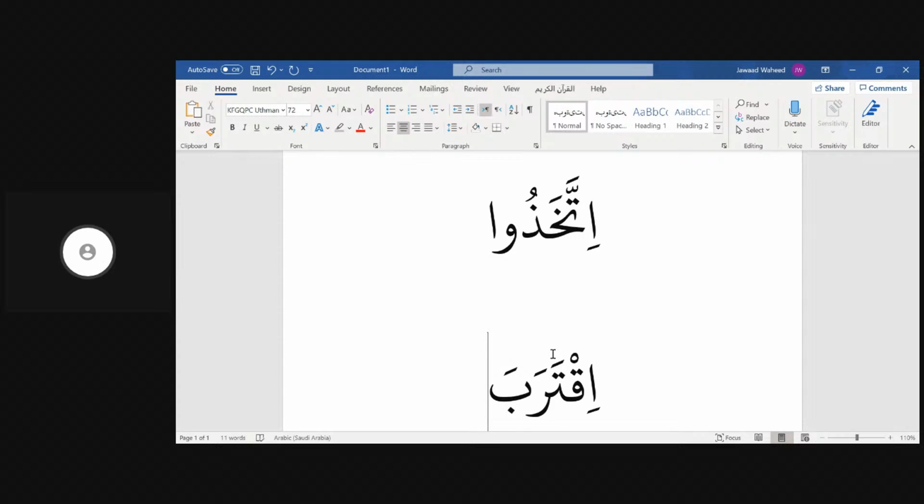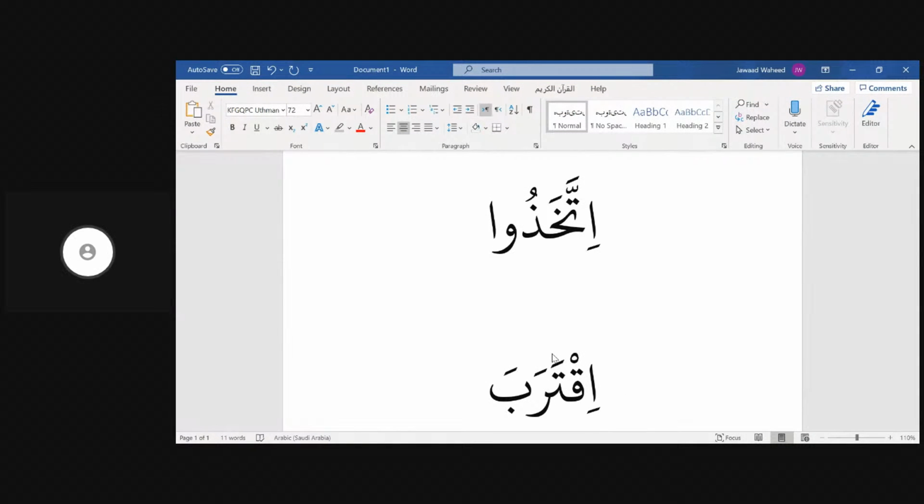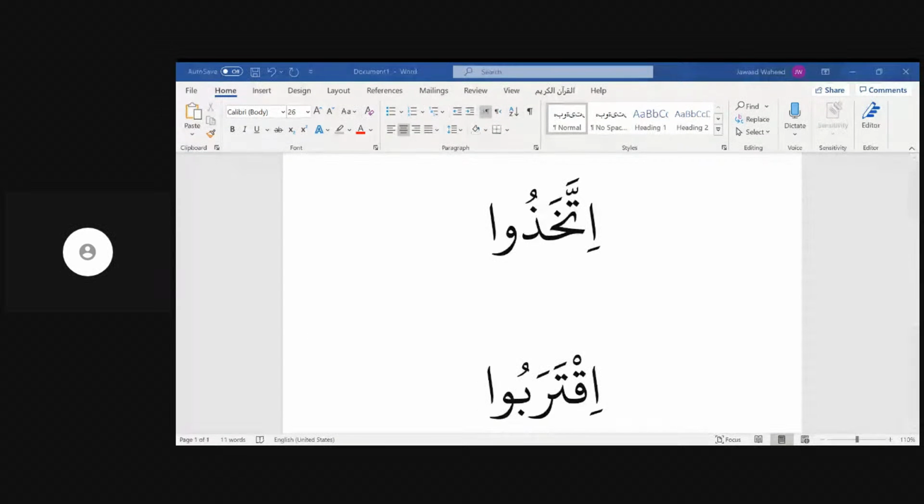It comes from the iqtaraba family, conjugated for all of them. So hum iqtarabu. That's what ittakhadhu is. Ittakhadhu, iqtarabu.